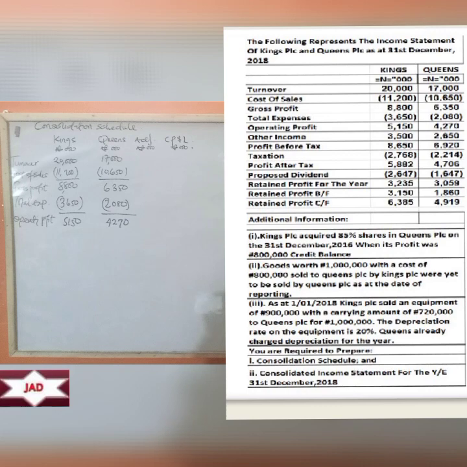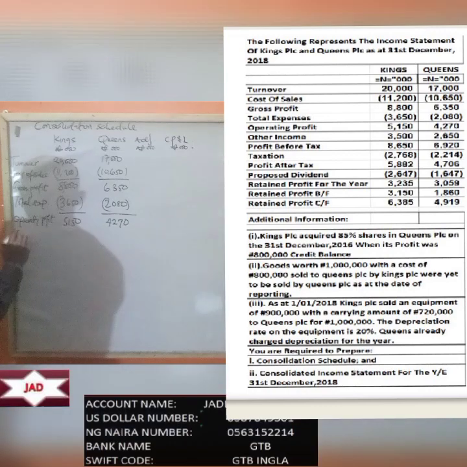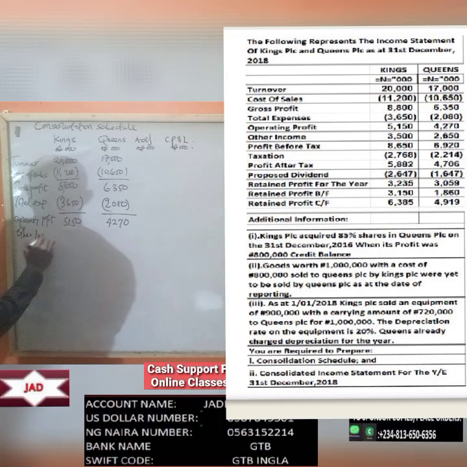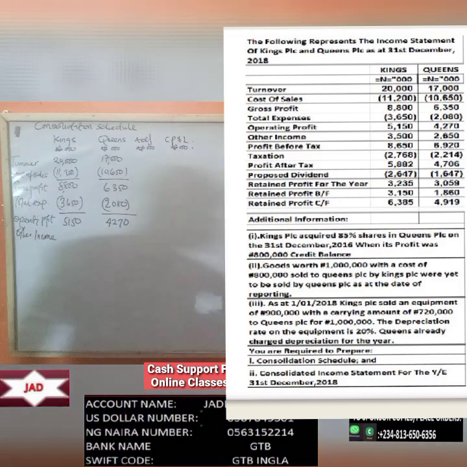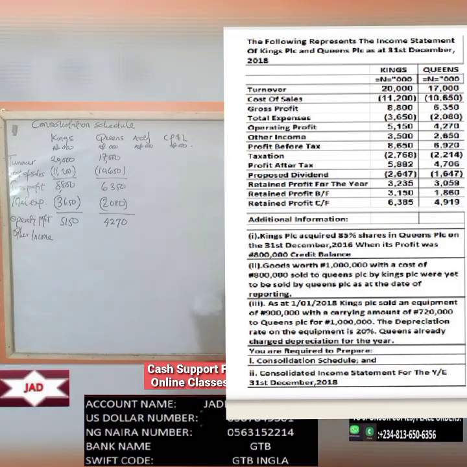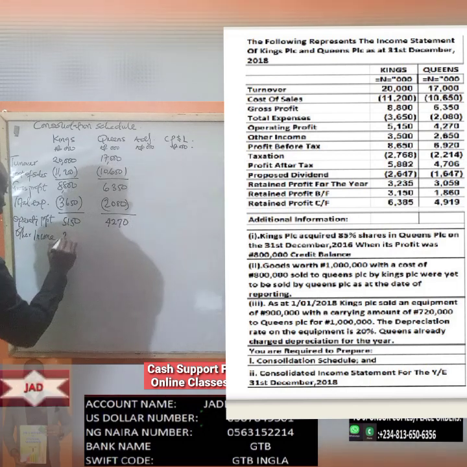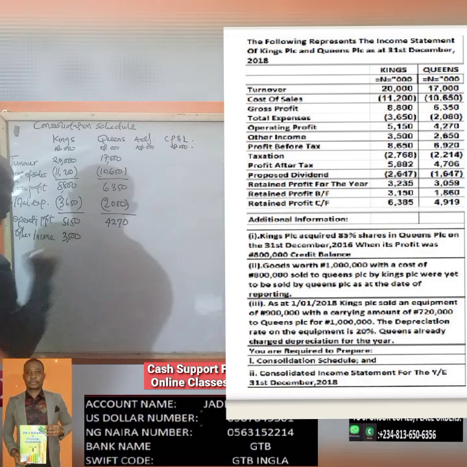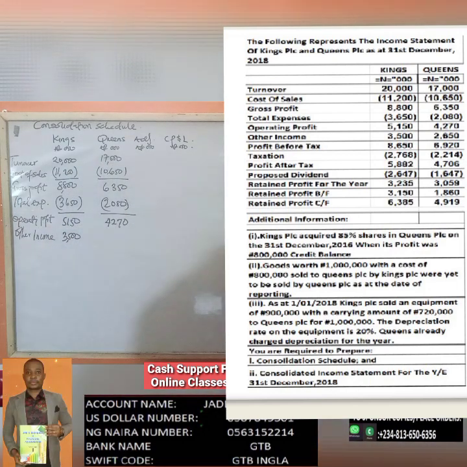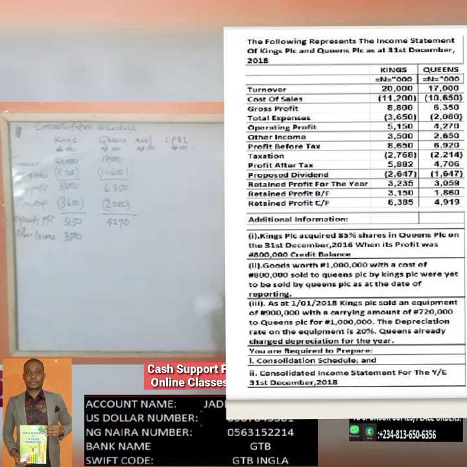So we have other income. What's other income there? 3,500. Then we have 2,650.